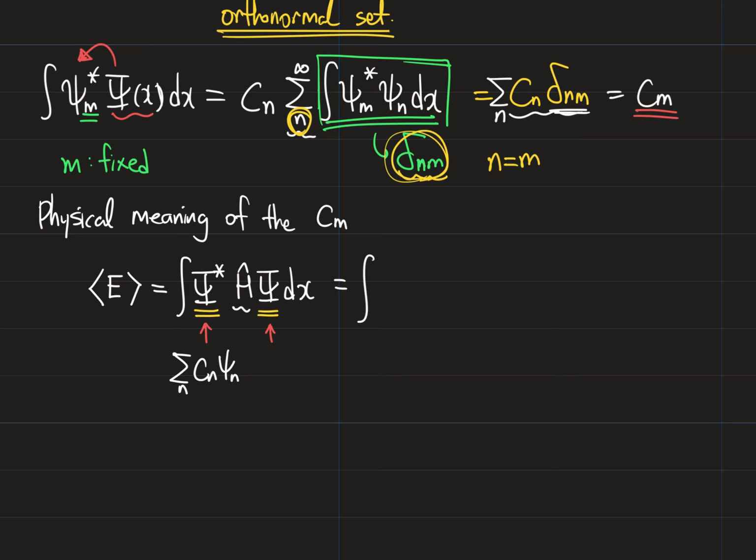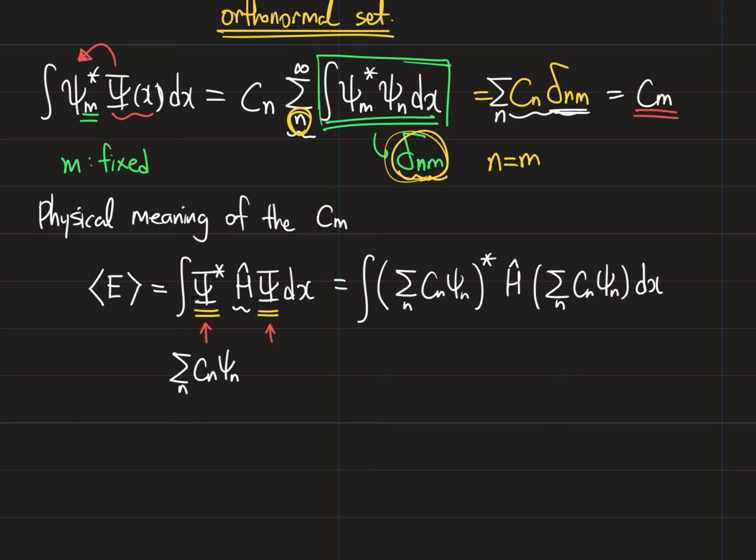So that means the complex conjugate, the Hamiltonian, something like this. I'm not going to derive every detail, but you can do this by yourself.